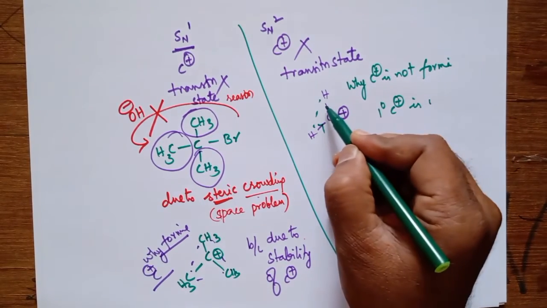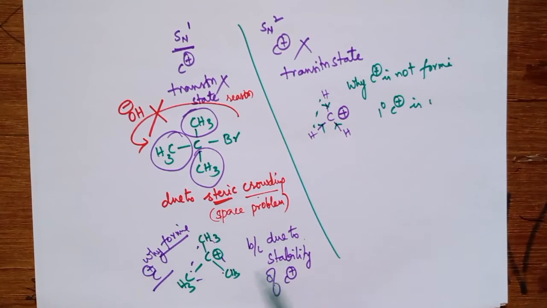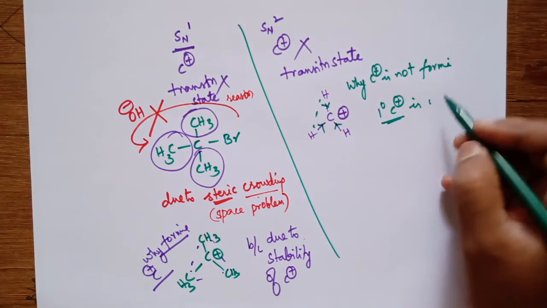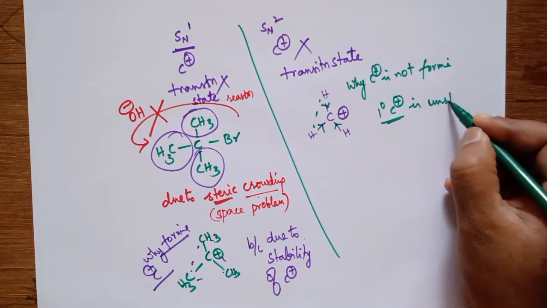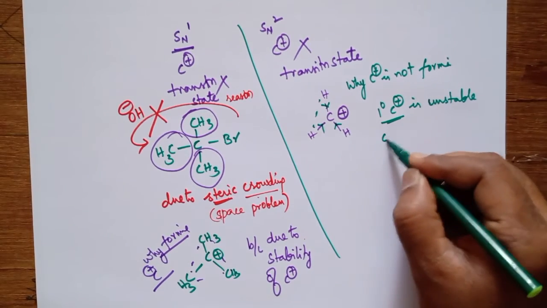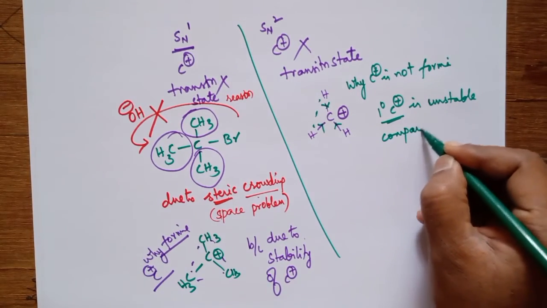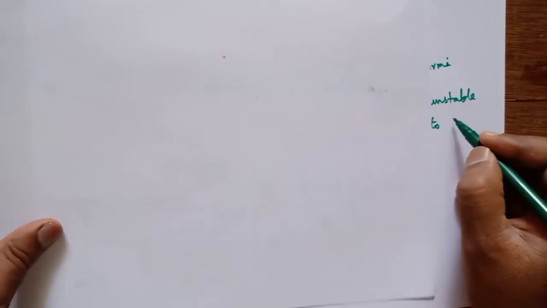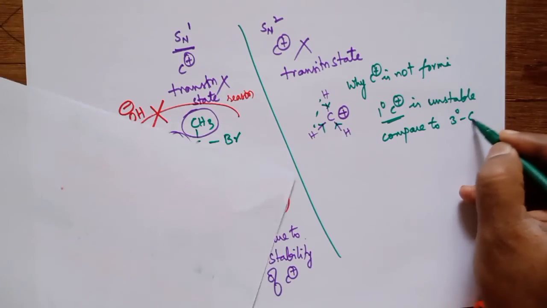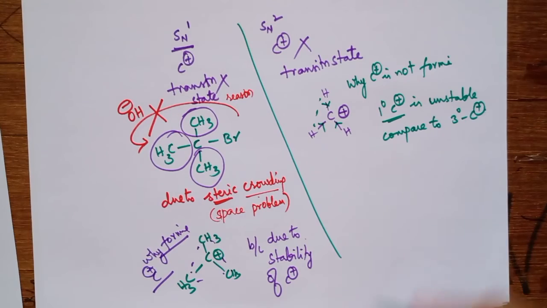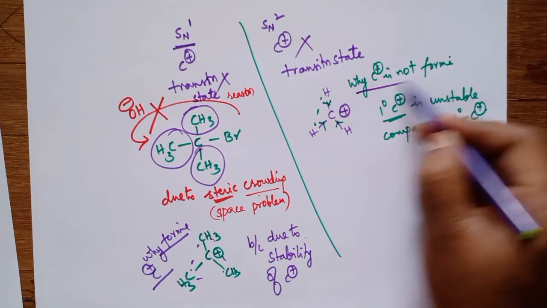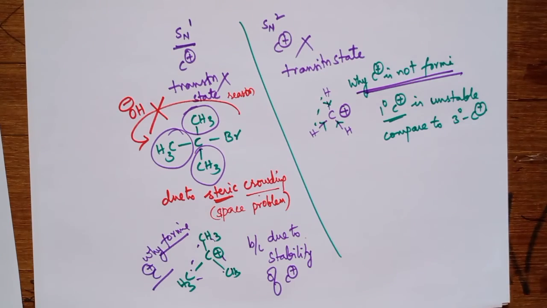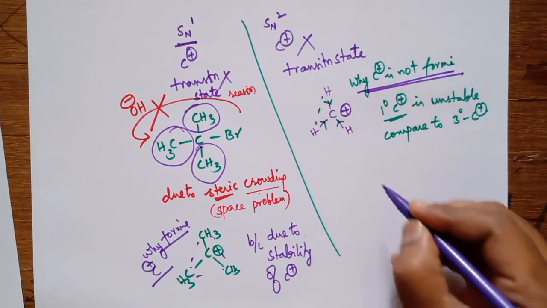Methyls are donating groups, so a primary carbocation is unstable compared to a tertiary carbocation. That's why it does not form the carbocation.